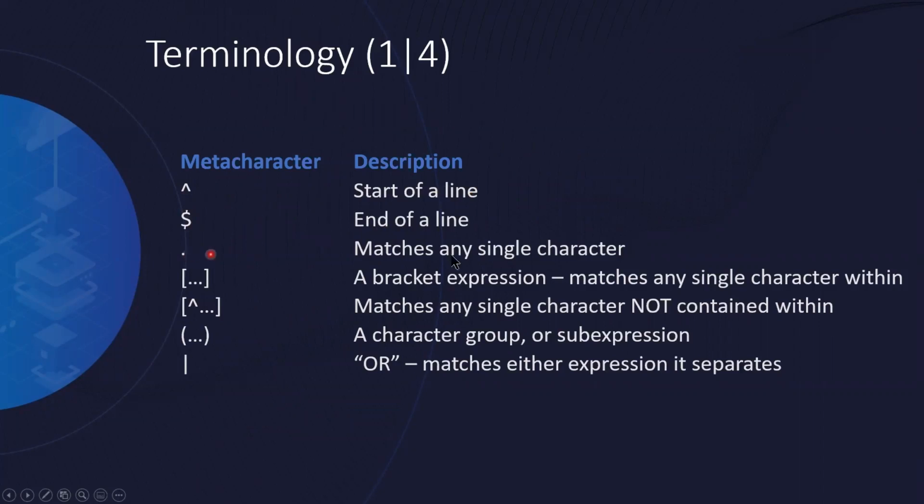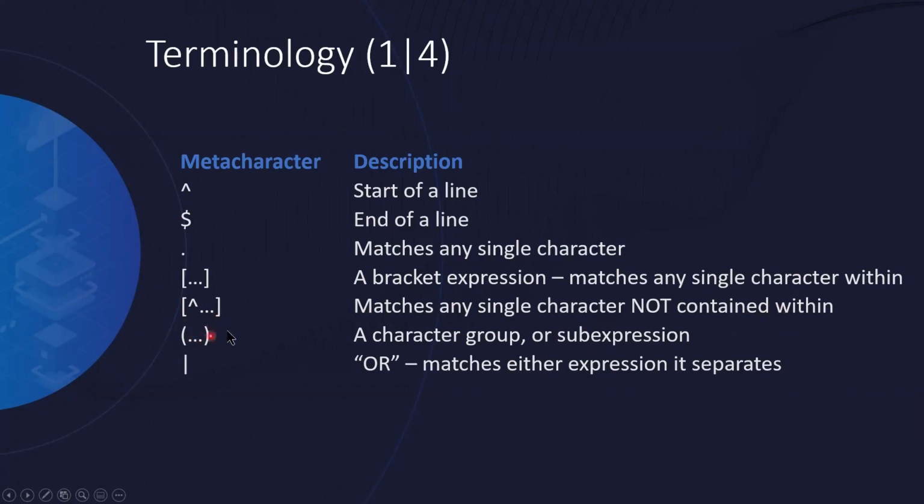A full stop matches any single character. A bracketed expression matches any single character within the brackets. The same thing, but with a caret in front, matches any single character not contained within the brackets.